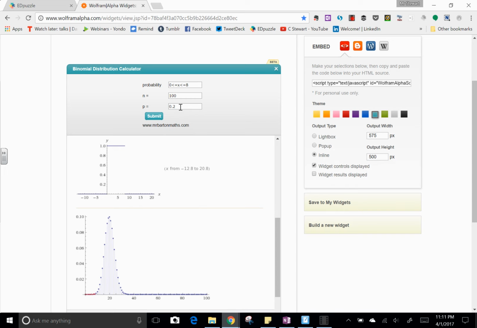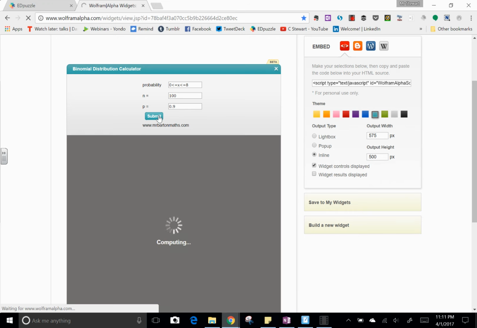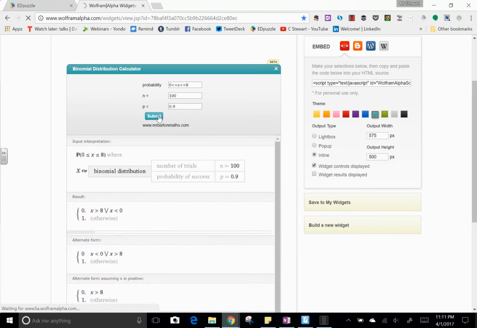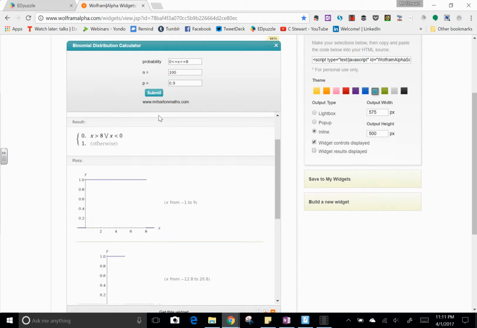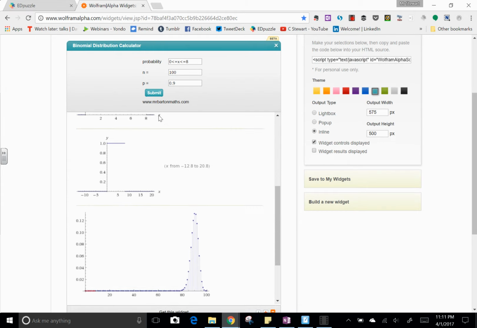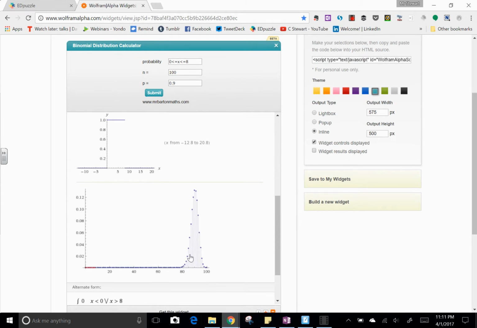So that p-value, not the n value. The n value increases the density of the function, but the p-value is really what is shifting the graph from left to right. And just to show that in terms of 0.9, so let's go greater than 0.5, and we should see a left skewed graph, meaning that the density of the function, that is the majority of the larger probabilities, are going to be to the right of the horizontal scale.